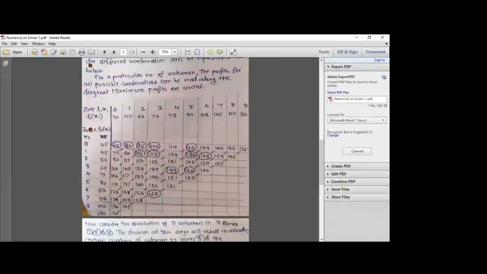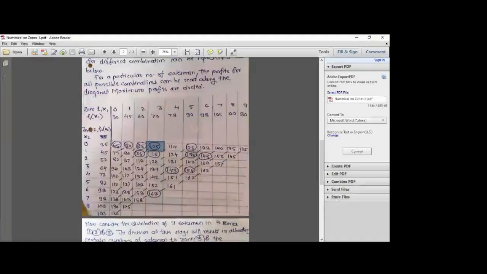So this is for three salesmen, the values are this, this, and this. Amongst all the values, the maximum value was this 105 and this 105.